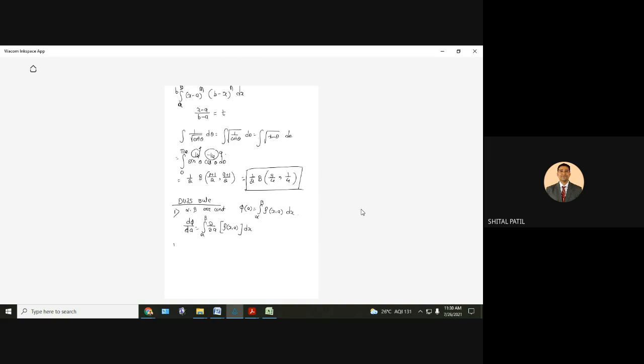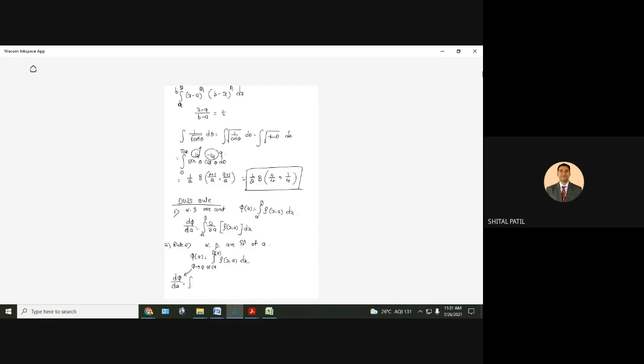Okay. Then rule number 2. Alpha and beta are functions of a. Okay, so here the rule is like this. d phi by da equal to integration from, since phi is a function of a single variable, therefore ordinary derivative.